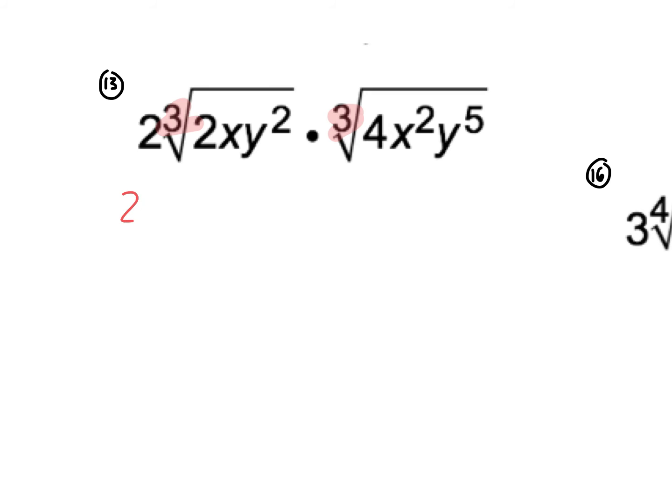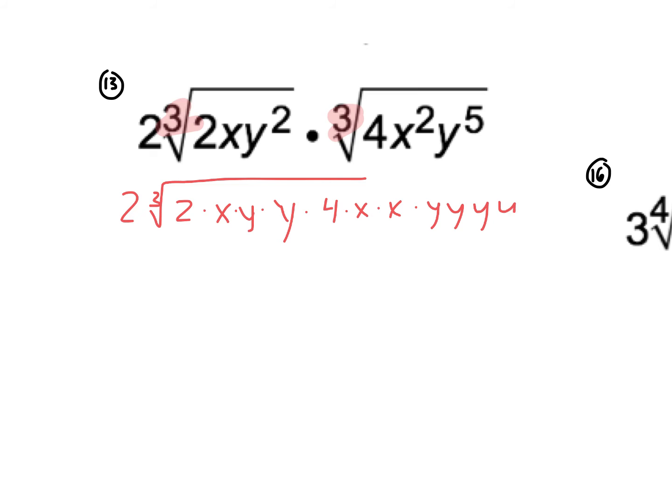So 2 stays on the outside, and then we're going to put everything on the inside under one radical. So we have 2 times x times y. I'm going to write everything out. So y times y times 4 times x times 5 y's. I just split everything up.